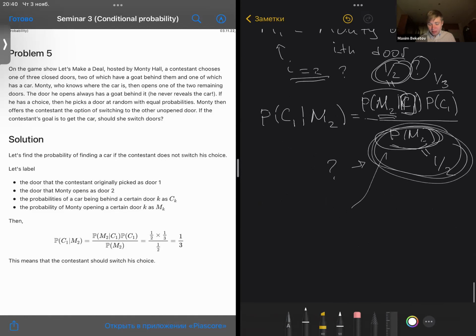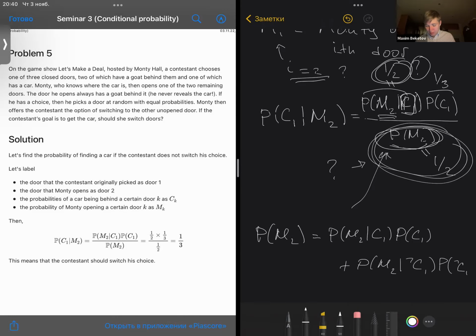Of course, we can say that it is the probability of Monty opening door number 2, given that you've opened door number 1, times the probability you've opened door number 1, plus the probability of Monty opening door number 2, given that you were not opening door number 1, times the probability of that.